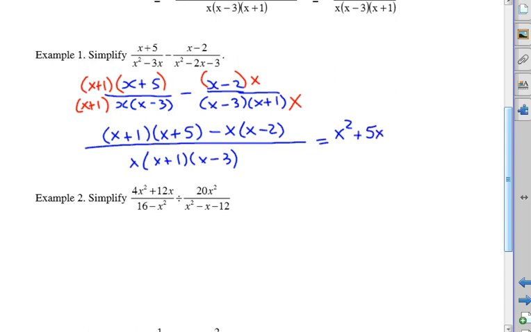It's okay if you do. 1 times x plus x, and 1 times 5 minus 5. What are we going to bring in here? Negative x, right? We're going to bring in the negative with it. Negative x times x, negative x squared, and plus 2x, all over.